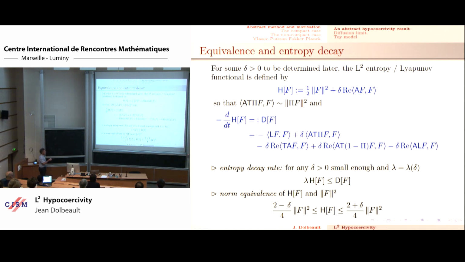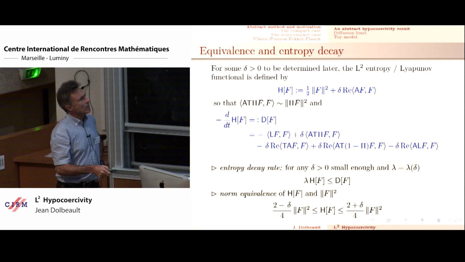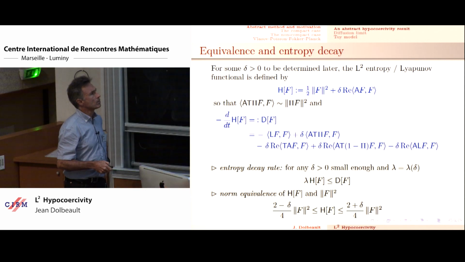So with the four assumptions that we had, the entropy production term controls the entropy, or this norm h of f, with some constant lambda. Here there is a parameter delta that you have to take small enough, or not too big at least. And the lambda here depends on delta. I will comment on it if I have some time.